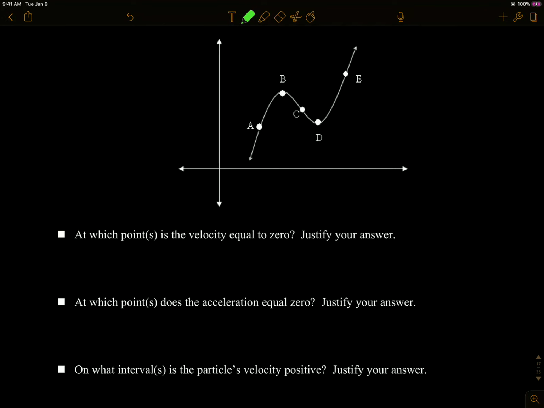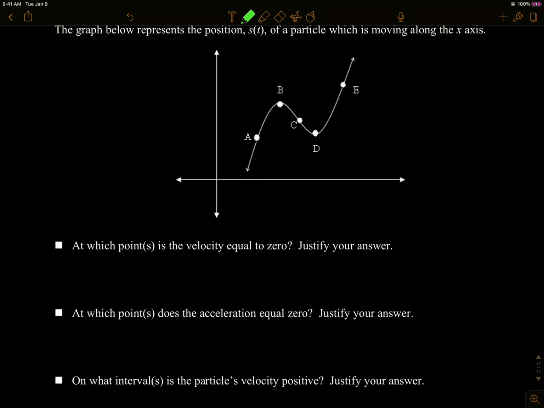So at which point is the velocity equal to 0? Justify your answer. So we know that velocity is the derivative of position. So I could think of this as, when is the derivative equal to 0? Anywhere there's a max or a min, the derivative is equal to 0.